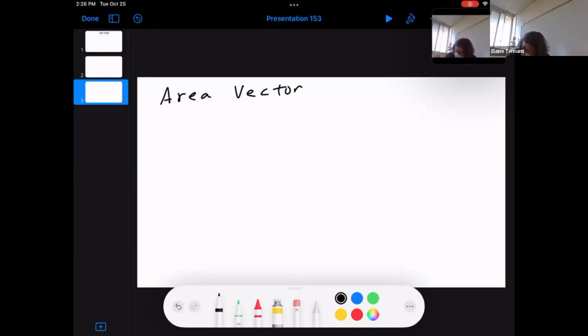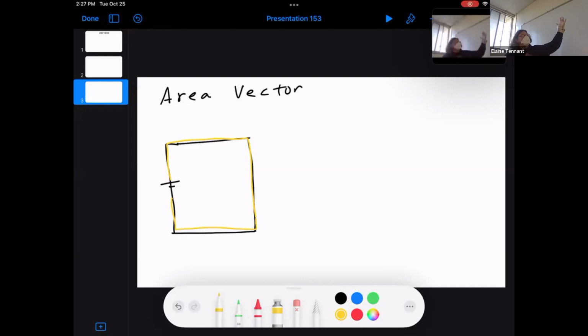So if I look at the area vector of any loop of wire here, loop, loop, loop, loop, loop. There's my battery. The area vector here would have a magnitude of the length times the width.